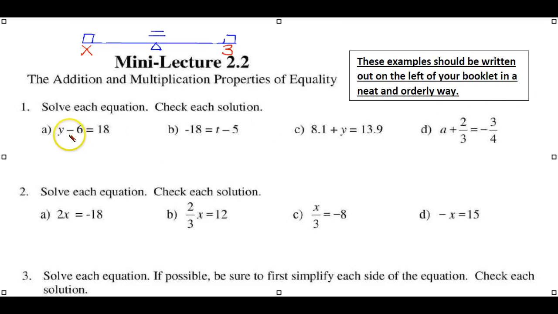We're going to add 6 here. That's the additive inverse of 6. And we add 6 here. So now, when we do this addition, we end up with y. Then we have our equal sign. This is going to be a 0, and this is 24.